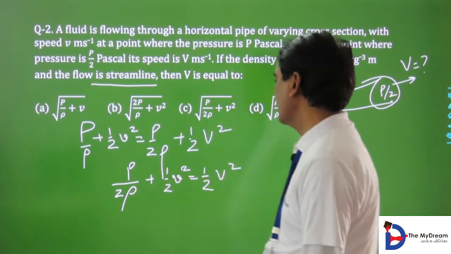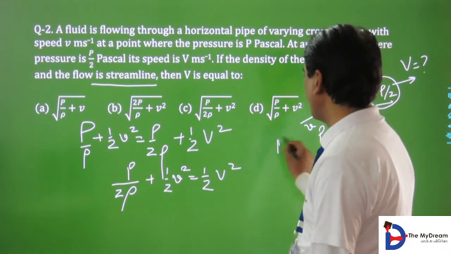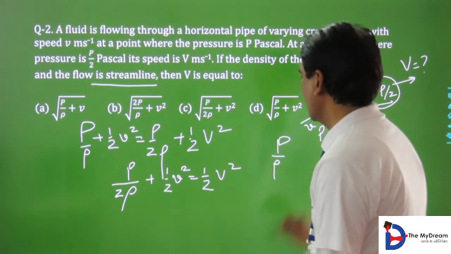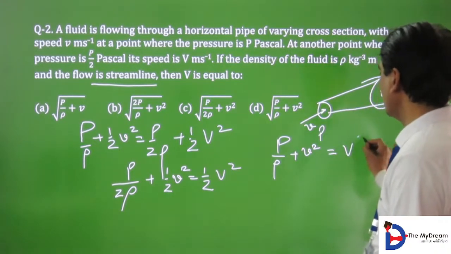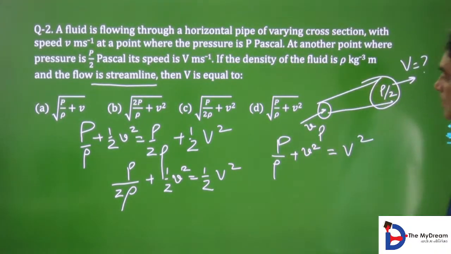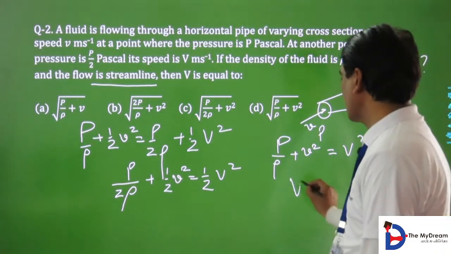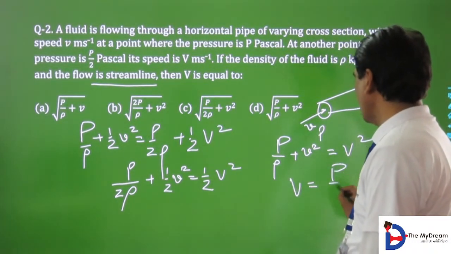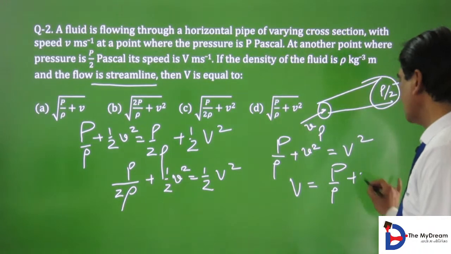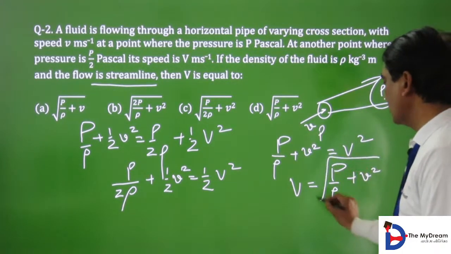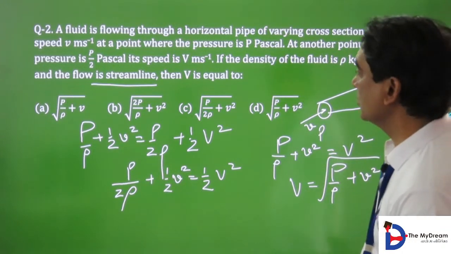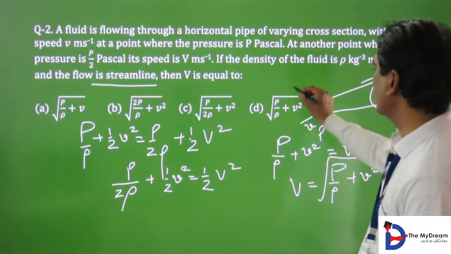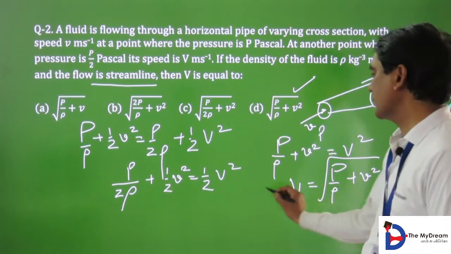Move terms and you get P by 2 rho. Half cancels. Then you get P by rho plus v square is equal to capital V square. So capital V is the square root of P by rho plus v square. Option D is correct.